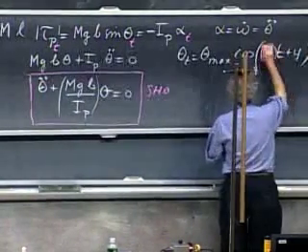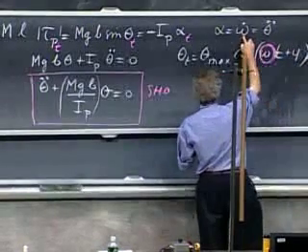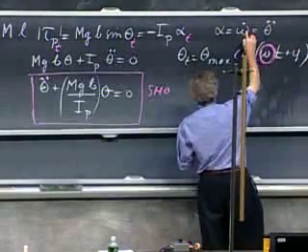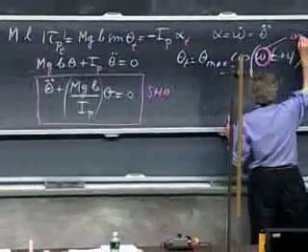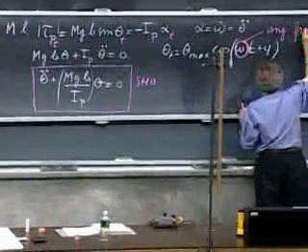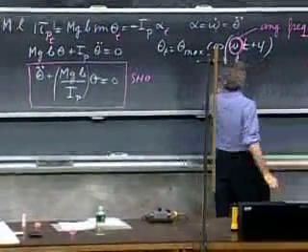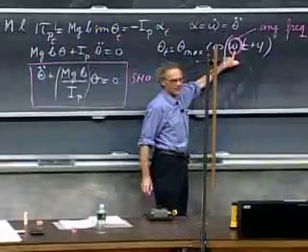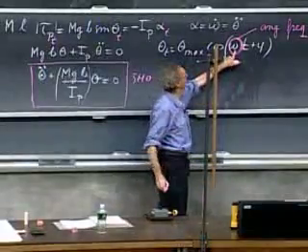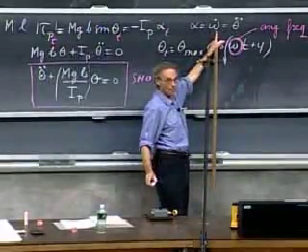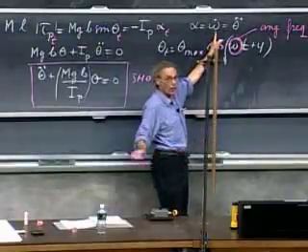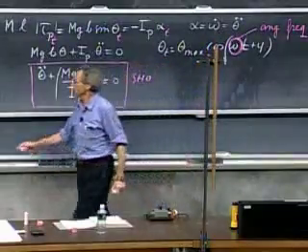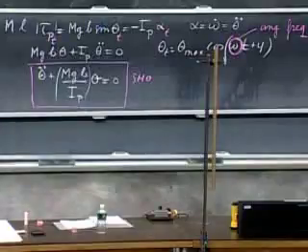This omega has nothing to do with that omega. This is angular velocity, and this is angular frequency. This will never change. That's related to the period of oscillation. This is changing all the time. The theta dot is changing all the time. When the object is here, the theta dot has the largest value.